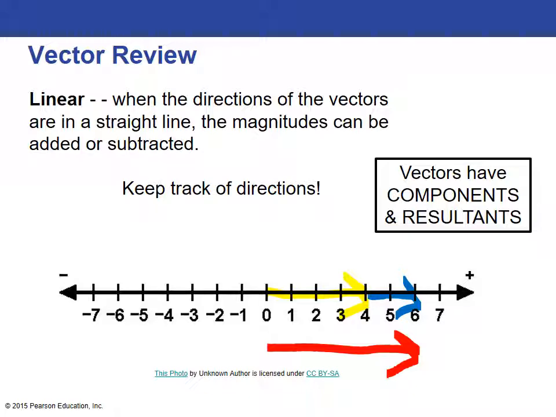What if it's 2 vectors in a straight line but going in opposite directions? Well, in this case, my resultant would be 2 to the right. If I've got 4 to the right and then 2 to the left, it comes out to be 2 to the right. All right? We did these early on in chapters 2 and 3.